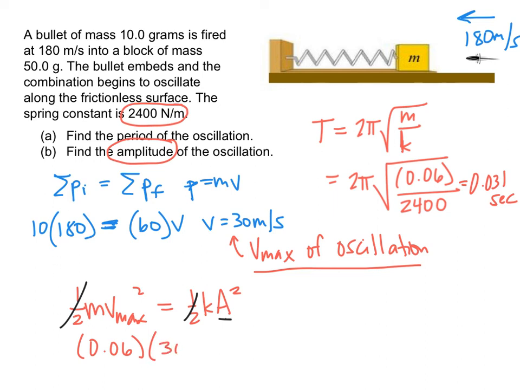My speed is 30. Square that. I have this very strong spring, 2,400 newtons per meter, and that allows me to find my amplitude. And after I work through the algebra of solving this equation, I find that my amplitude is 0.15 meters or 15 centimeters, which does seem fairly reasonable.